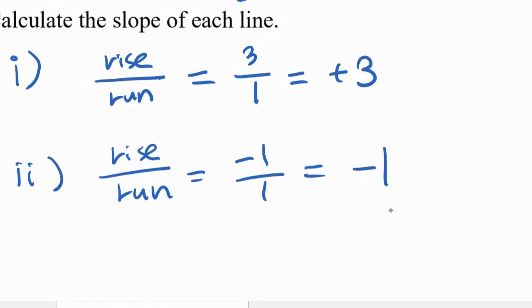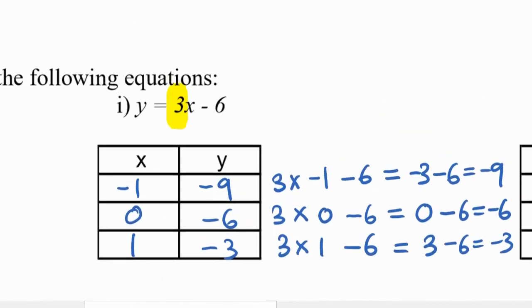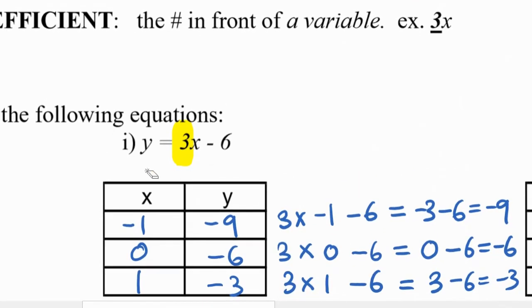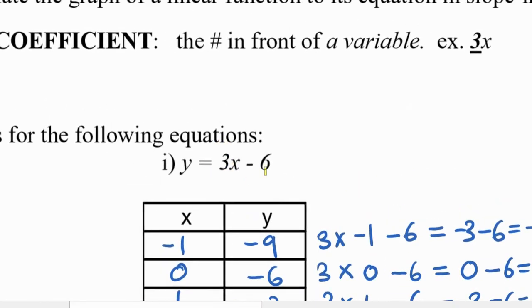It's the same. So if you have an equation of this form, we call this slope-intercept form. It's actually telling you the slope. So you can just look at the coefficient of x.